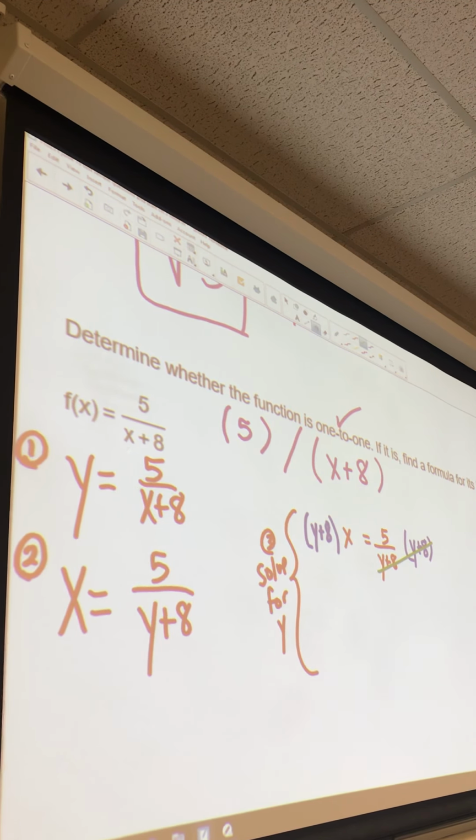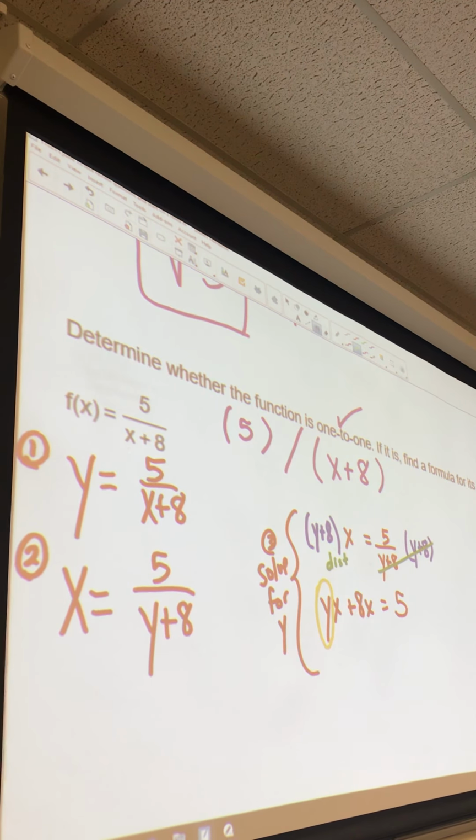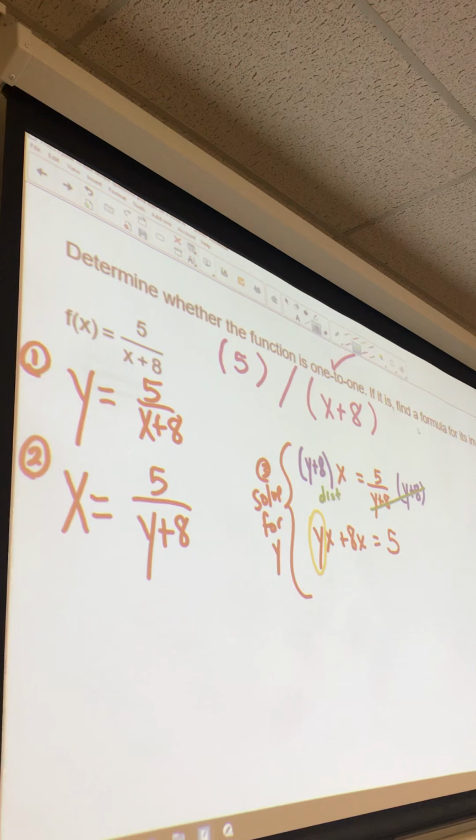All right, we could distribute. Okay, that would give me yx plus 8x equal 5. And remember, we're just trying to get this y by itself. So if we distributed, what would we do now? Very good.